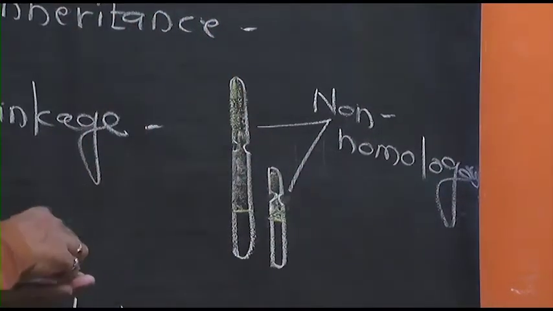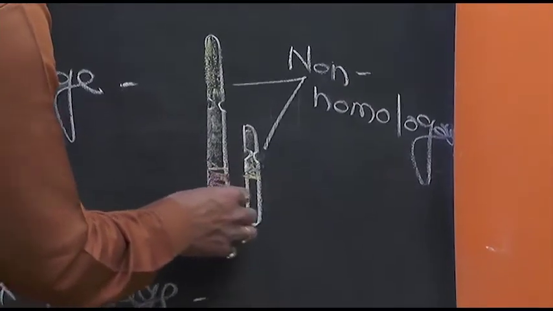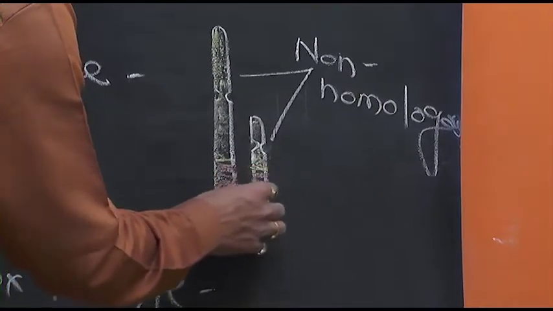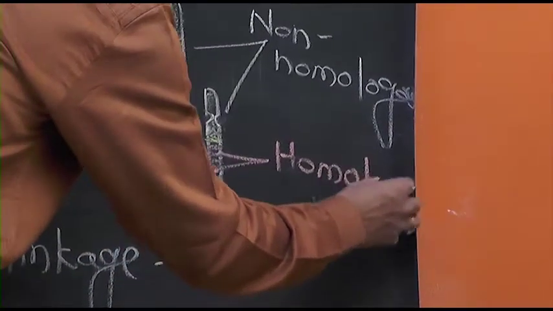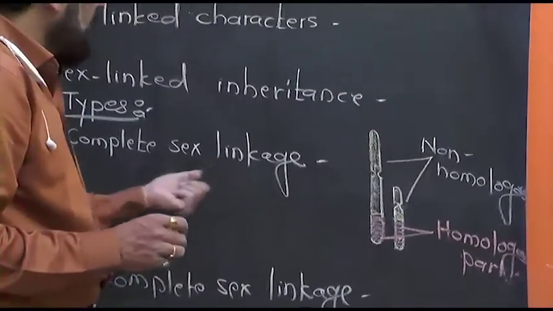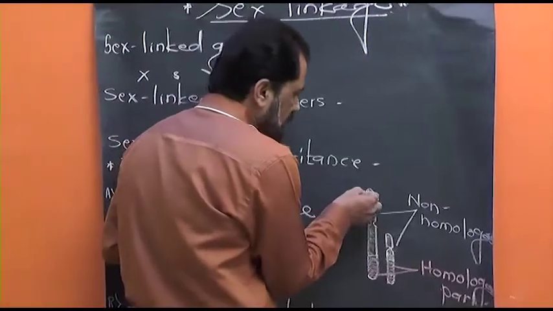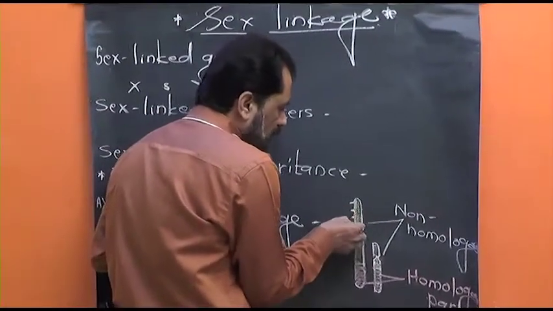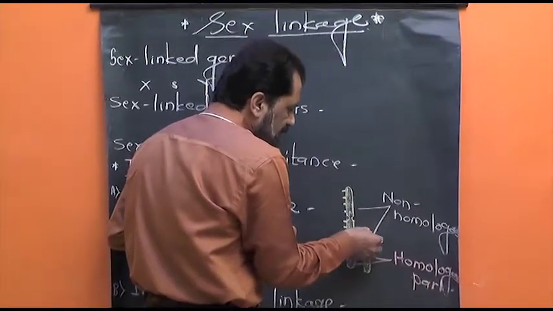Some parts show identical genes, and therefore are known as the homologous region. Now, complete sex linkage is exhibited by the genes present on the non-homologous regions of X and Y chromosomes.